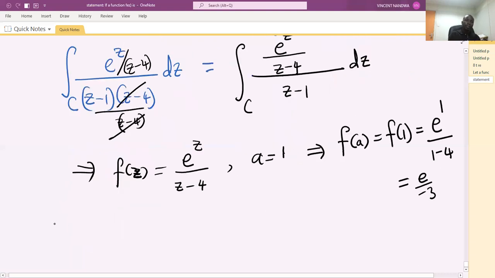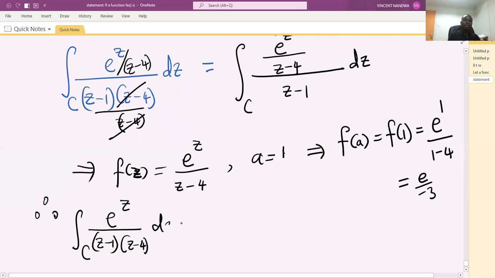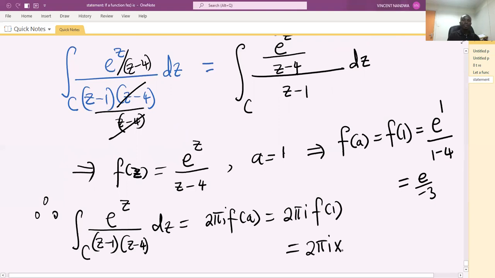Therefore, the integral along C of e raised to the power z over (z minus 1)(z minus 4) dz will be 2 pi i times f of a, which is 2 pi i times f of 1, which is the same as 2 pi i times negative e over 3.